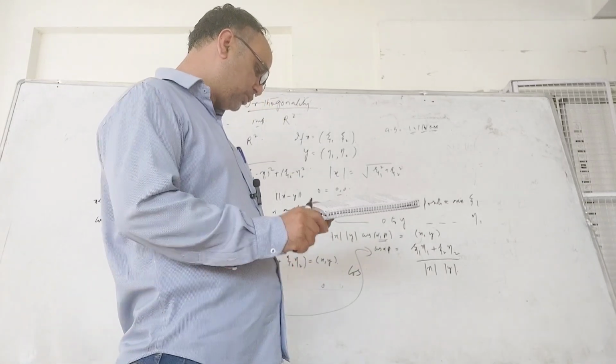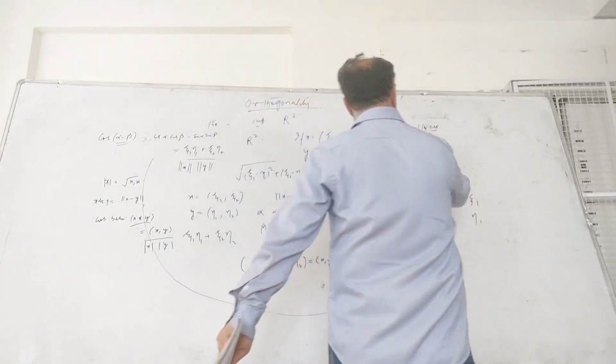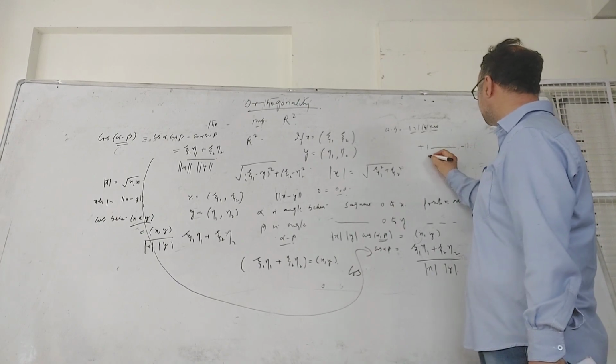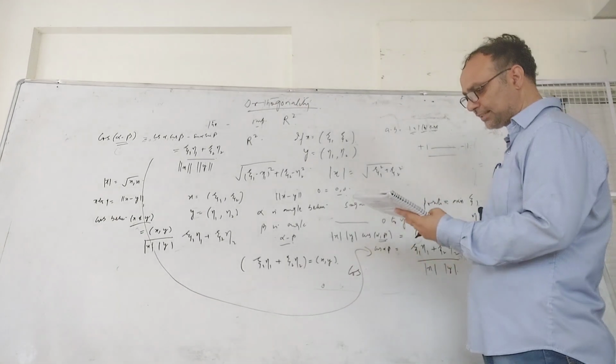And the value of the cosine may vary from plus 1 to minus 1. So these are some facts.